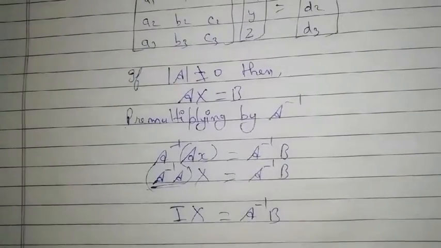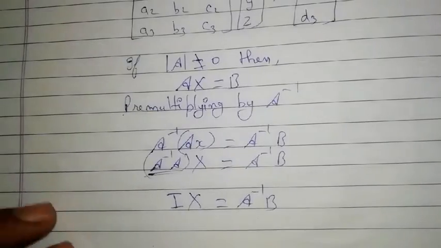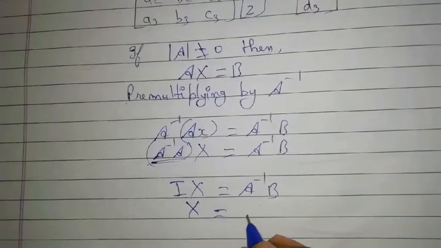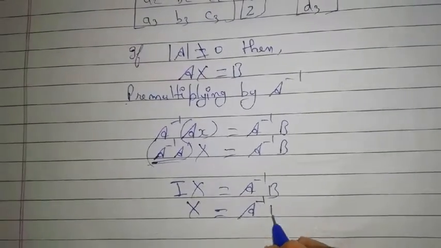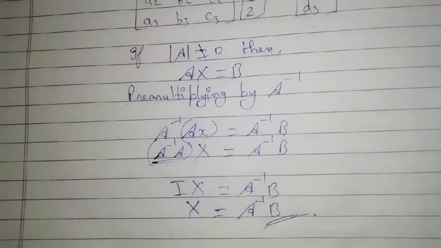Whenever the identity matrix is multiplied with a matrix, it gives us the same matrix, meaning the matrix does not change. So here we can say that X is equal to A inverse B, and this is what we are going to prove here.